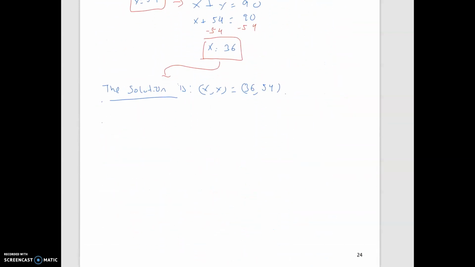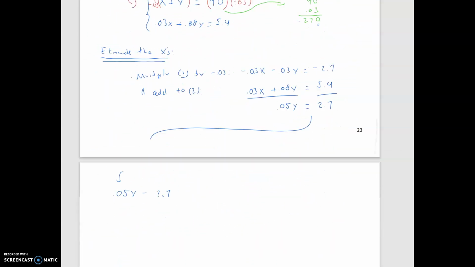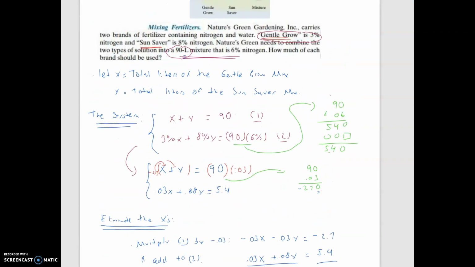So we will need 36 liters of the Gentle Grow mix and 54 liters of the second one, the Sunsaver mix.